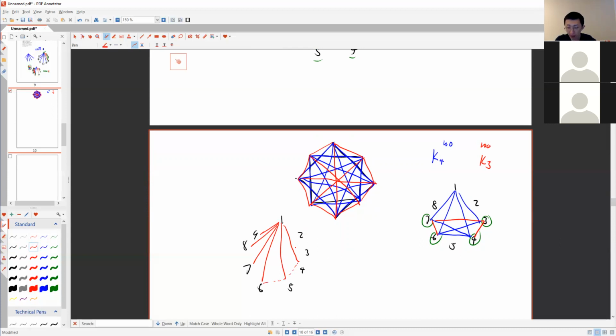So all of them have to be blue, if I'm going to avoid a red K3. But then if all of them are blue, then we have a blue K4.